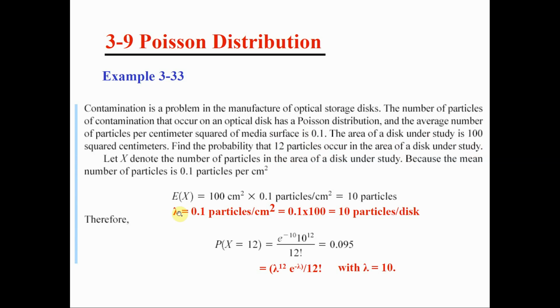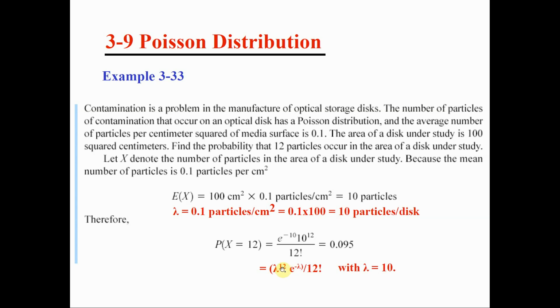That's why our lambda needs to be scaled, and instead of using 0.1, it becomes 0.1 times 100, because the area of the disk is 100, so 0.1 times 100, which is 10 particles per disk. So in this question, we're using lambda equal to 10.